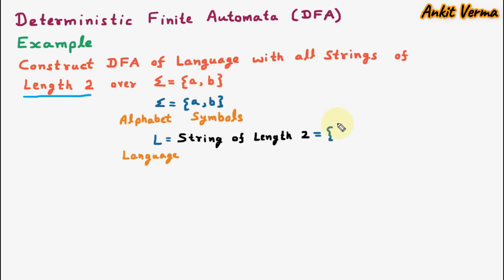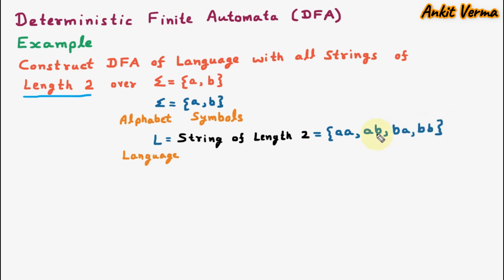The possibilities are: from a we can generate AA, then AB, then BA, and from b we can generate BB.